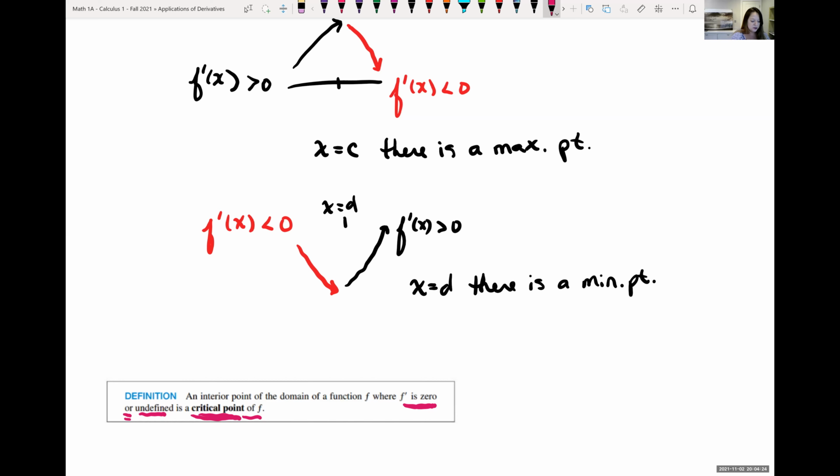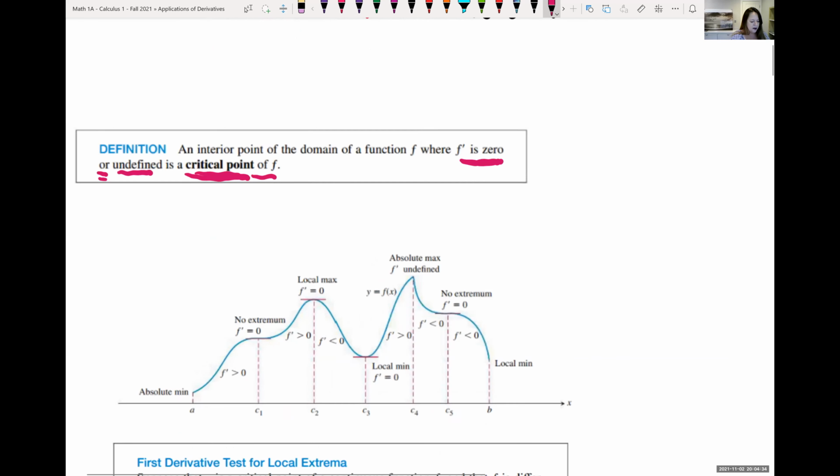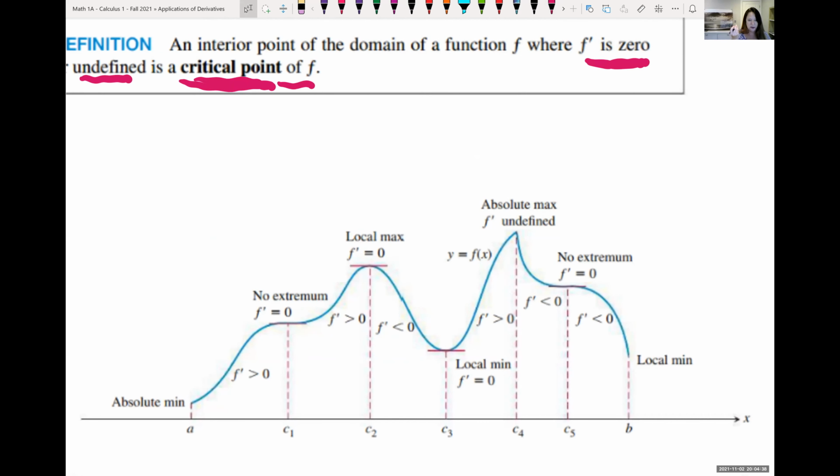And so that comes to, let's actually look at a picture before I give you the first derivative test. So looking at the following picture, notice here, let's just look at all the places where our function is increasing. So where our function is going up. So notice our function is going up here from a to c sub 1.